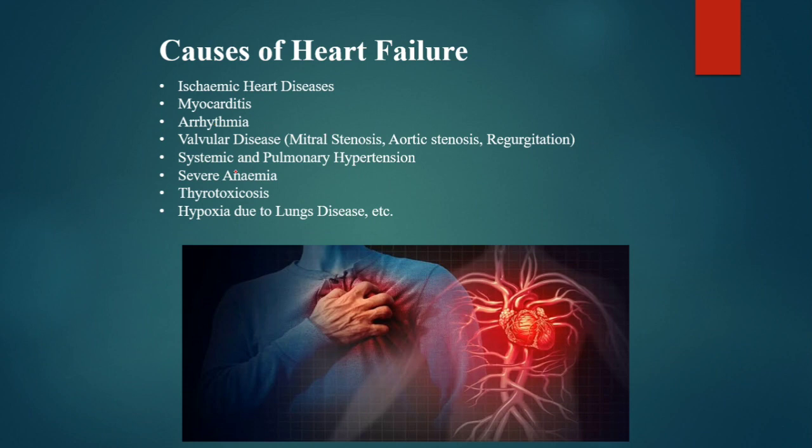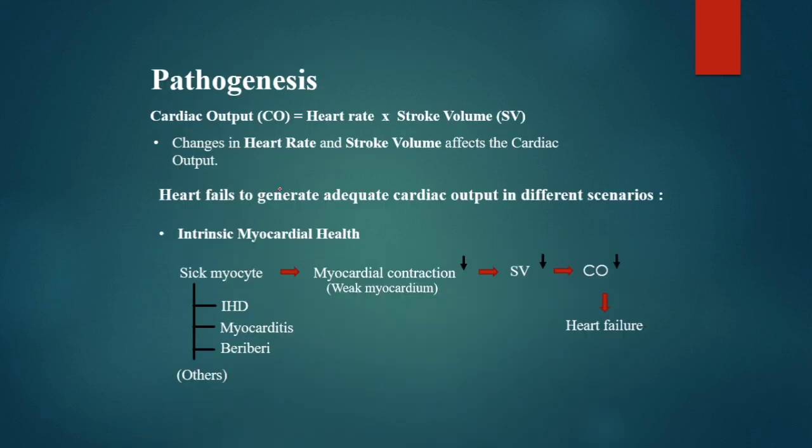Okay, there are some other diseases, severe anemia, thyrotoxicosis. Okay, let's see how these conditions eventually lead to cardiac heart failure. So let's take an example of a patient who developed ischemic heart disease. In this condition, we know that oxygen demand and supply is imbalanced, and myocardial cells become sick.